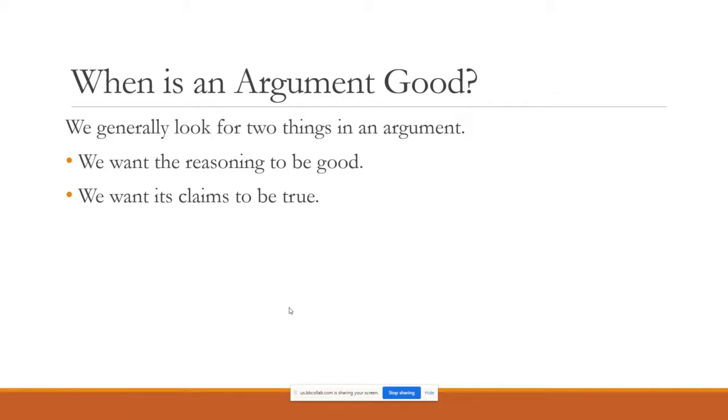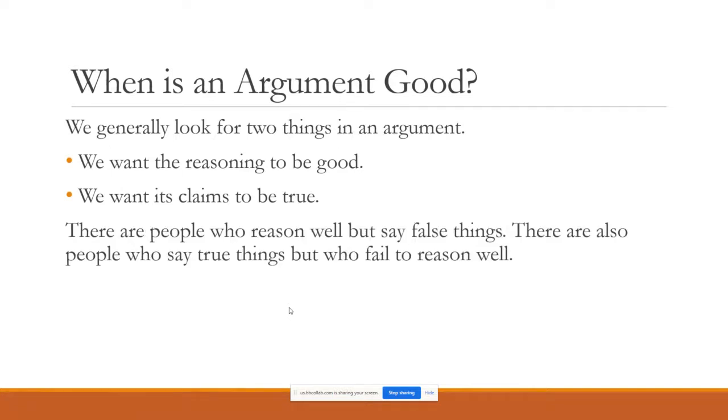But you also want the premises, the claims it relies on to support the conclusion, to be true. Now, there's a big distinction between reasoning being good and claims or the support being true. You may not see it yet, but we're going to look at lots of examples, so you don't have to worry.